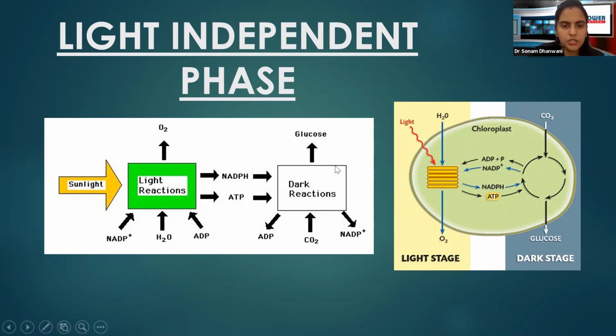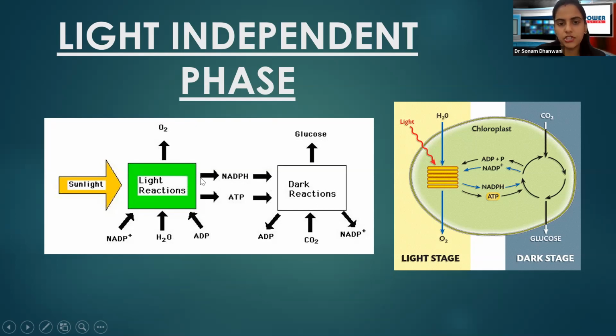ये दोनों का mixture है, total diagram है ये. Sunlight है तो light reaction हो रहा है. When oxygen is being released, ठीक है, NADP था plus without the H था पहले, then H2O and ADP, ठीक है, adenosine diphosphate group था, and then later ADP, because of the light reactions, ये सब चीजें जो है convert होती है.